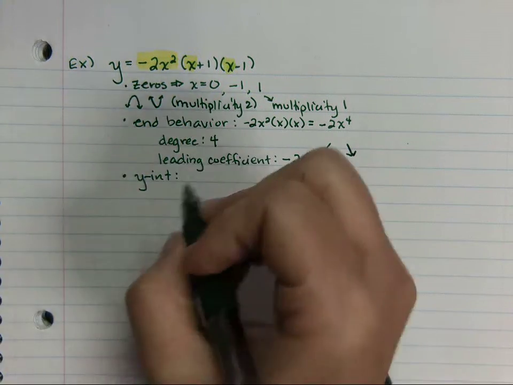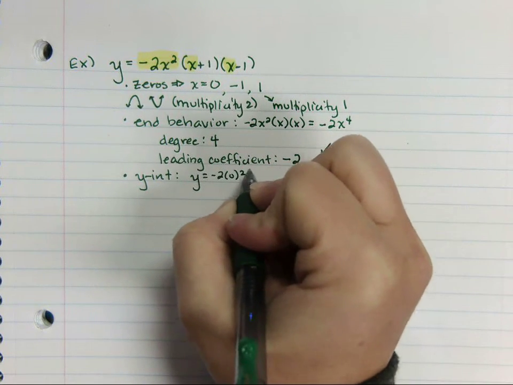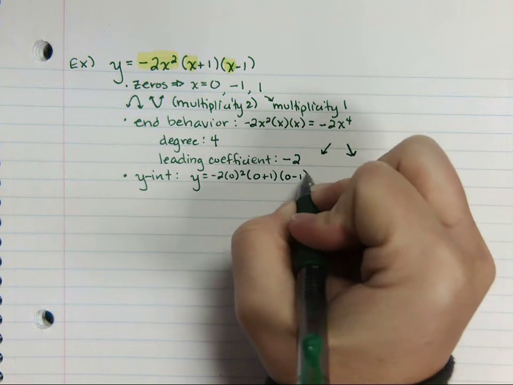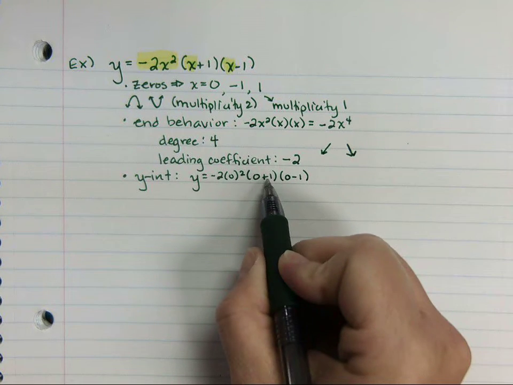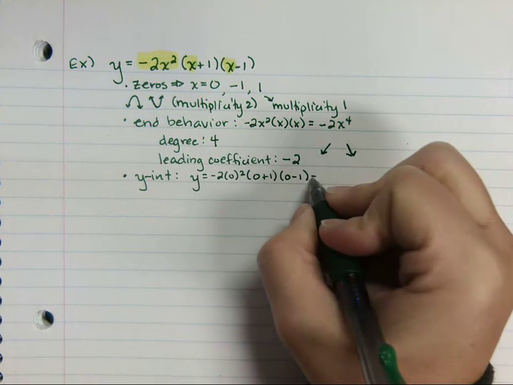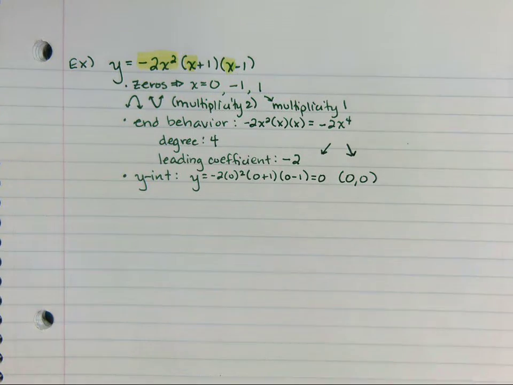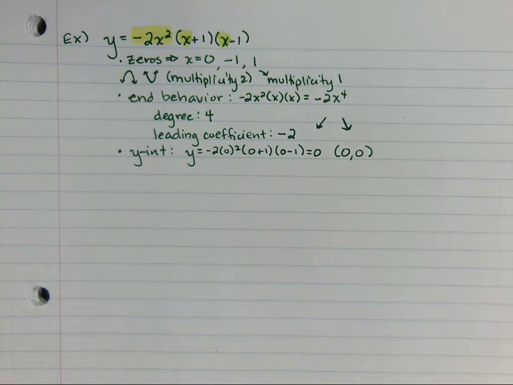Now my y-intercept, again, if I plug in a 0 everywhere I see an x, it doesn't really matter what's happening in here. I mean, negative 1 times positive 1 times 0 gives me 0. So this is going to cross, again, at the origin, or at 0, 0, which is already one of my places I'm going to be putting a dot.